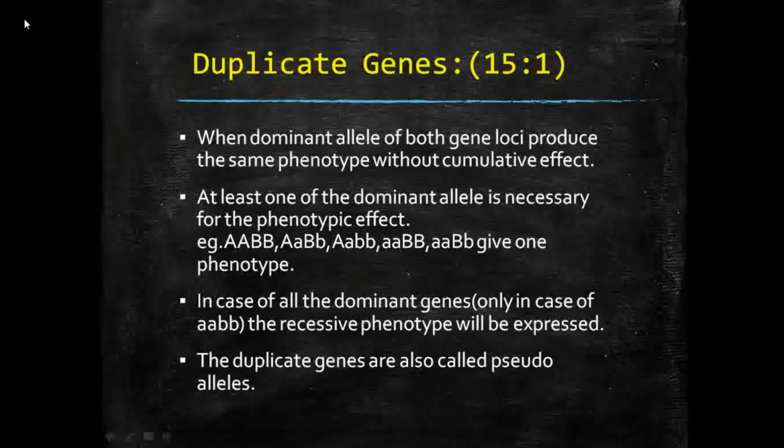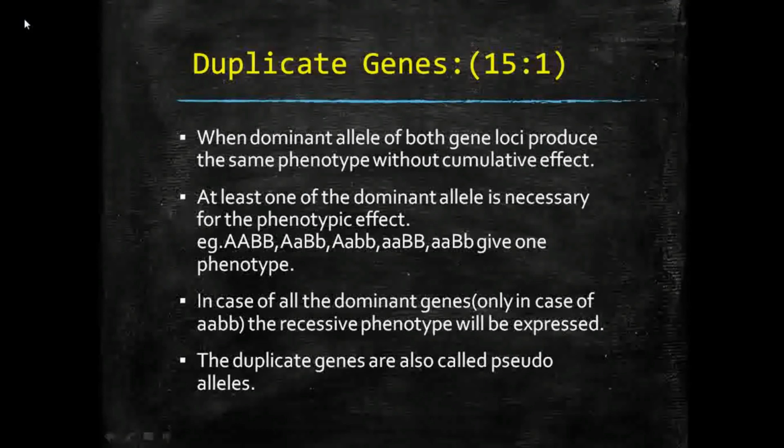In the next case there is only one dominant gene, that is capital A, and another is small a. Even though both the B genes are small letters, or recessive, as there is one capital A, that is one dominant gene, it will again show the same phenotypic effect.